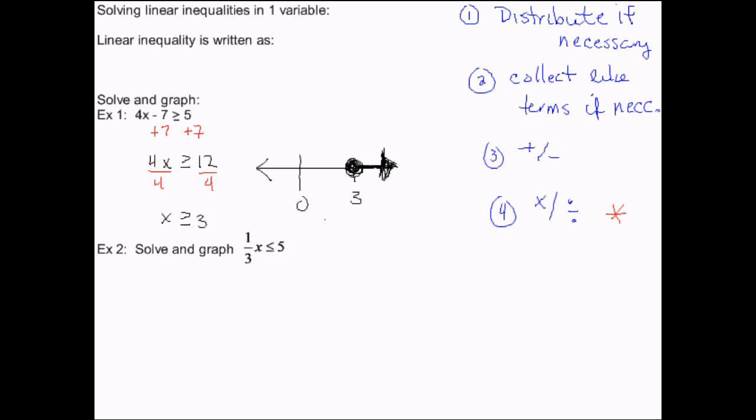Okay. (1/3)x is the same thing as saying x divided by 3. But to get rid of one of these fractions, a half, a third, a fourth, a fifth, multiply by the denominator. And what that does is those will cancel out. You have to do both sides to make it legitimate.